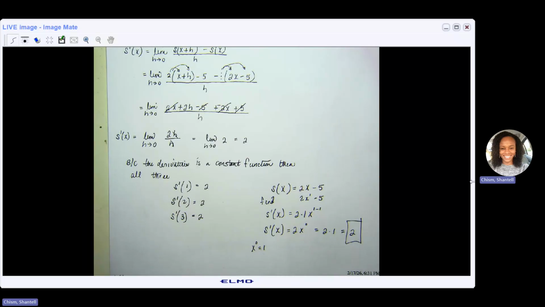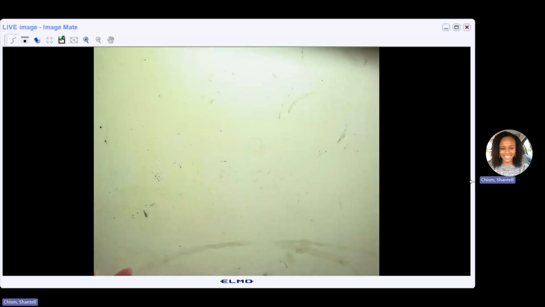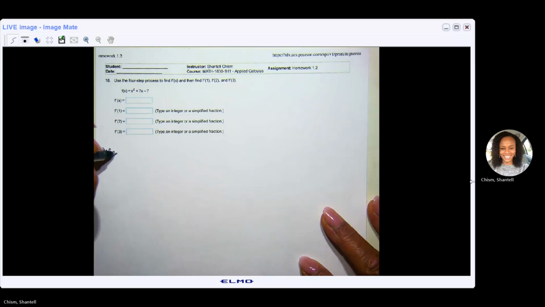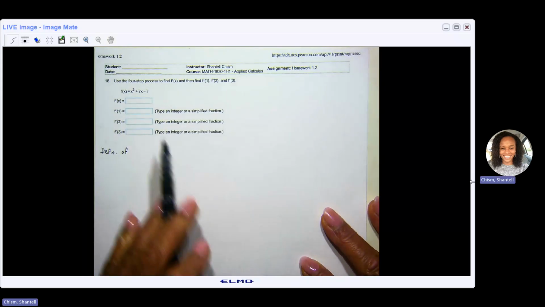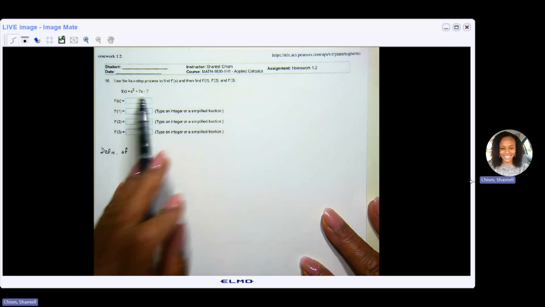Let's do another one of those. This is number 17. Let's do one that's a little bit more involved. I'll look at number 18. So it says use the four-step process. Again, that's just the definition of the derivative. This time our function is a polynomial, x squared plus 7x minus 7.